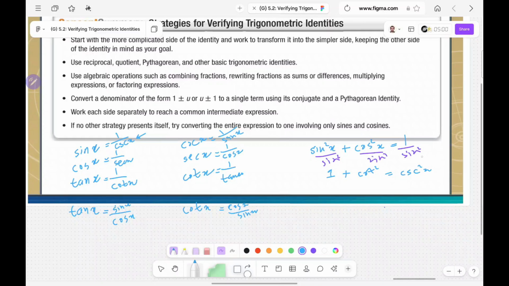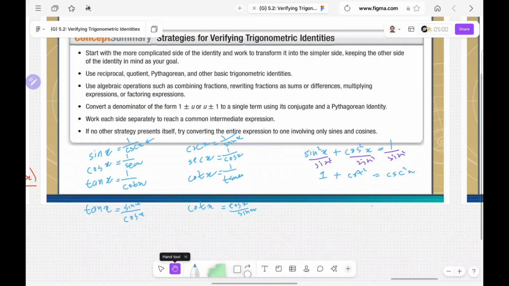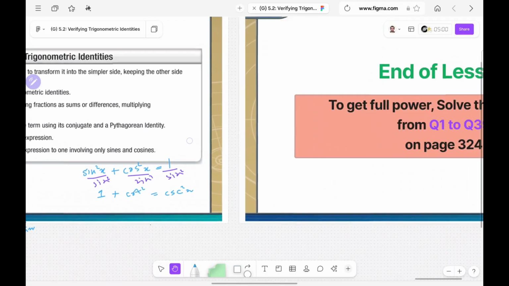So this is one of the identities. And there is another one, which is when you're dividing by cosine. So all of these identities, you need to know how to deal with them, because if you practice and memorize them, all the verifying questions will be easy for you. Okay? I hope you understand.